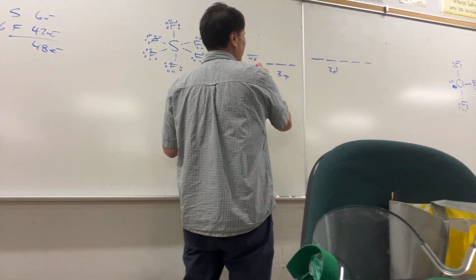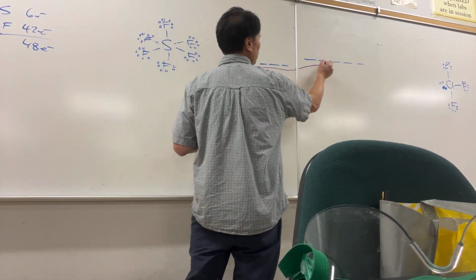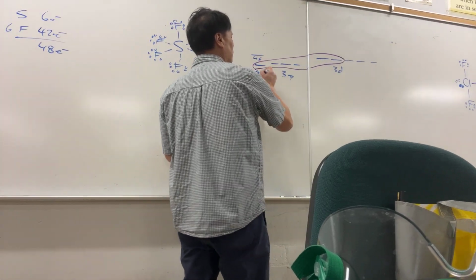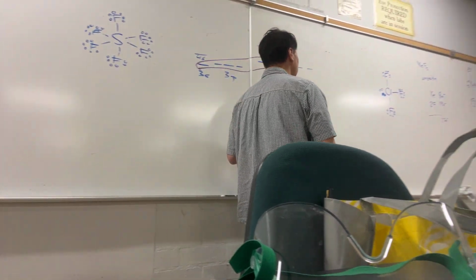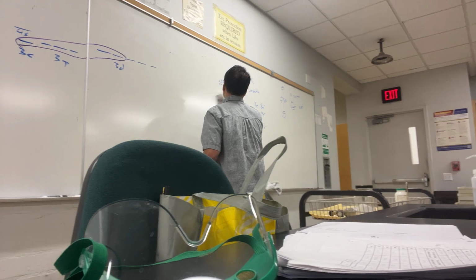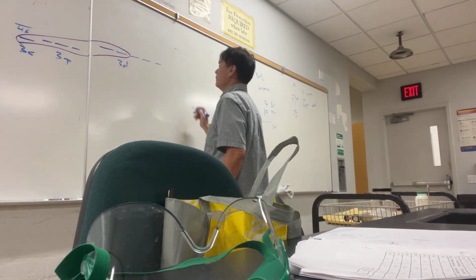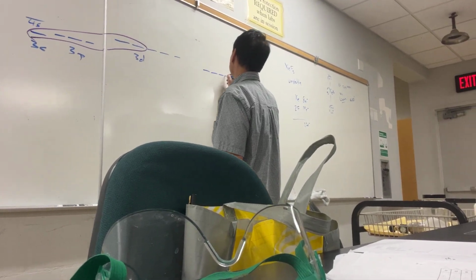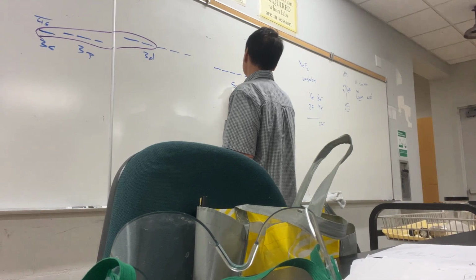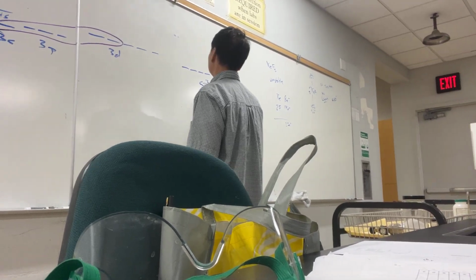And what we're going to do is hybridize 2 of the d's. And so what we end up with is 6 orbitals called sp3d2.